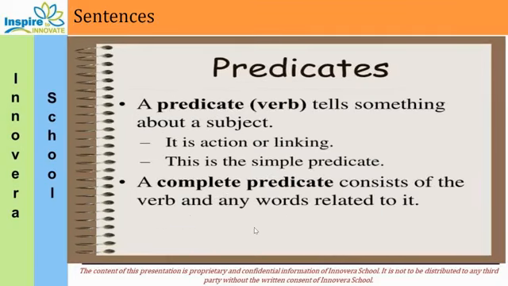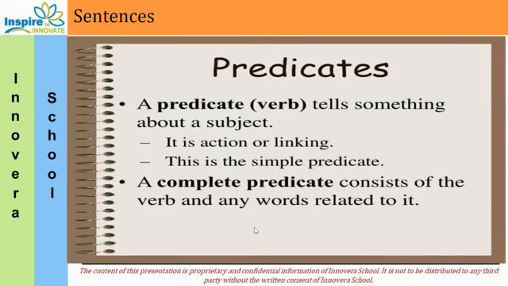Then for the predicate, the simple predicate is a verb. It is an action or a linking word. But when we talk about the complete predicate, it consists of the verb and any words related to it.